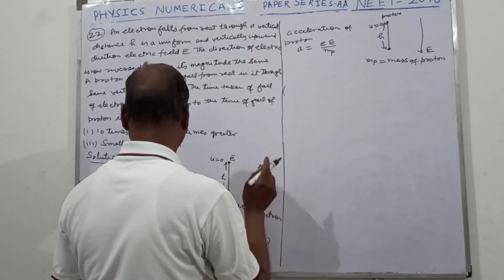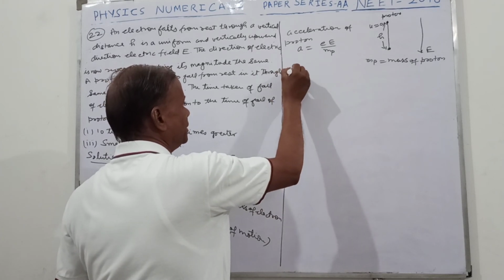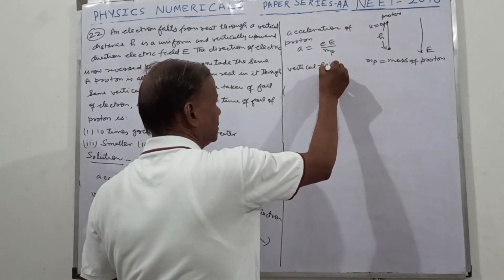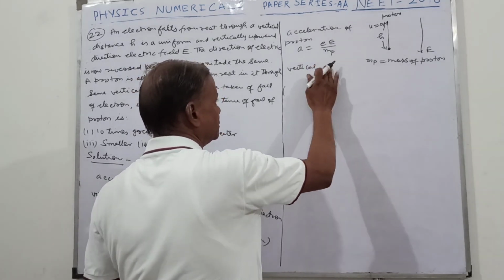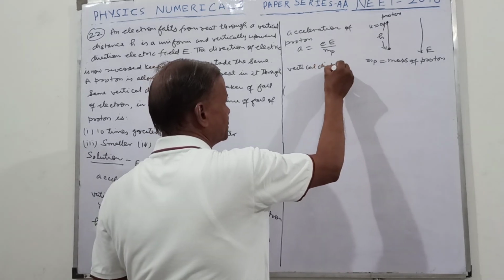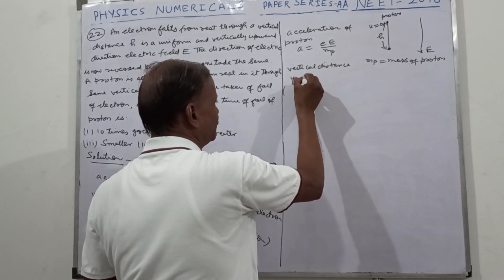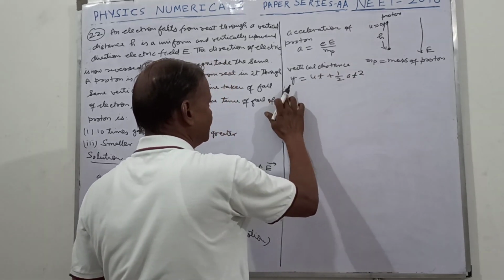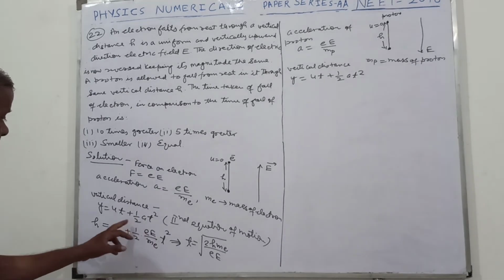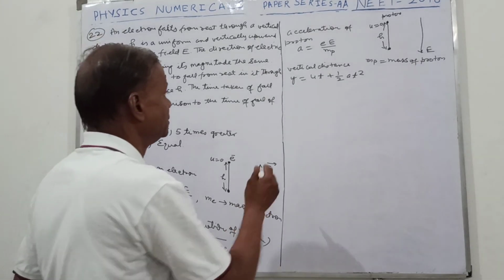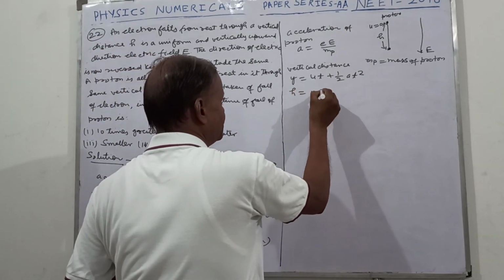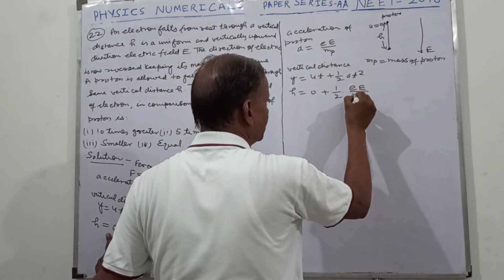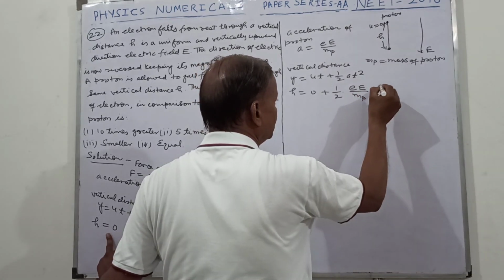And now again using the formula for vertical distance, y equal to ut plus half a t square, as I have used here. So here y is equal to h, u is 0, and a is equal to eE upon mp into t dash square.